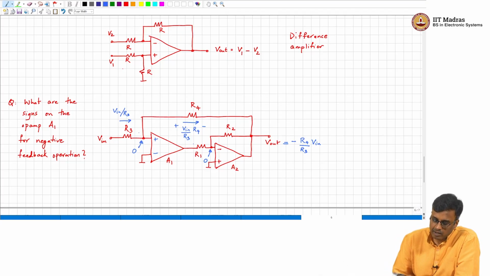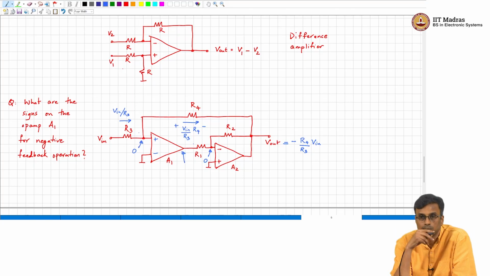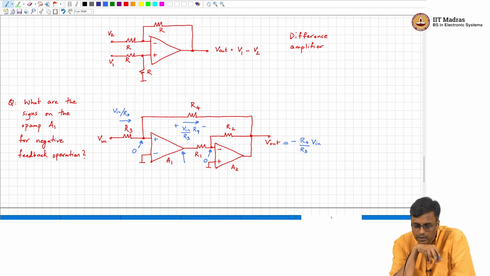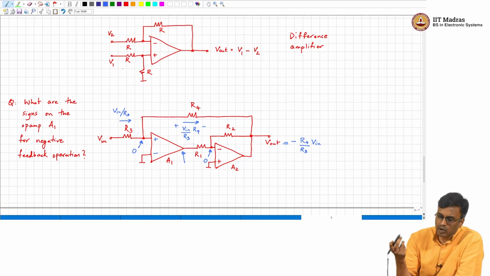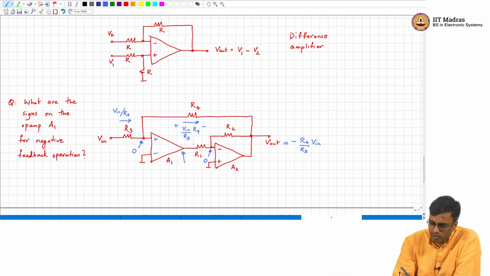So, what is the voltage here? How will you find that? No, do it systematically. There is no need for speculation or guesswork. We know the voltage across R2.